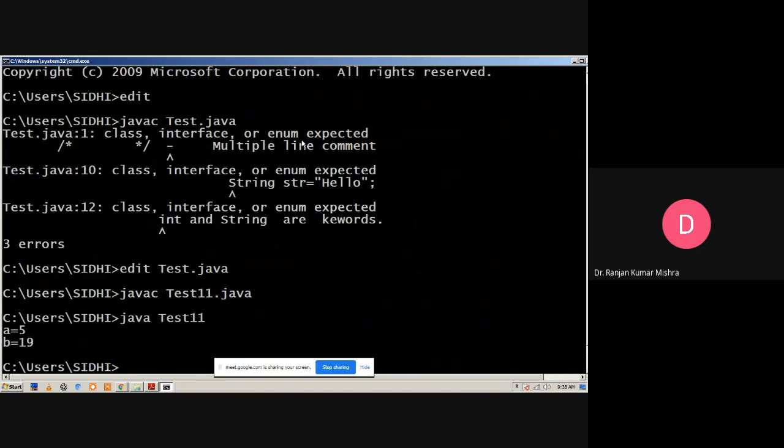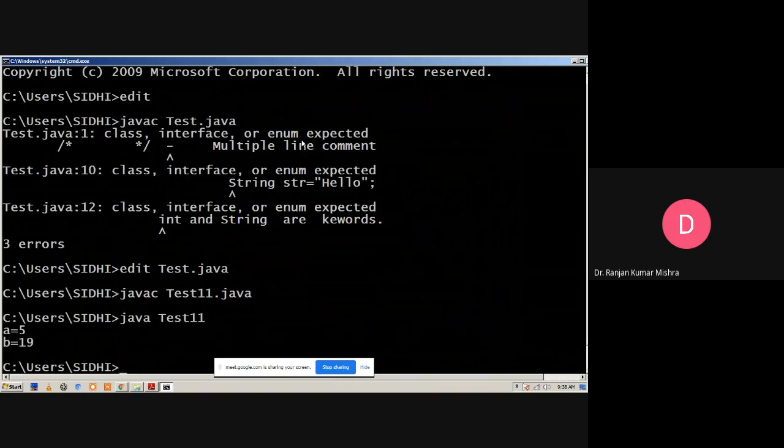So basically here we have int a equal to 05. That means it is an octal value, and 5 into 8 power 0, that means 8 power 0 equal to 1, and 5 into 1 equal to 5. Next is 0x13. Basically 0x represents a hexadecimal representation. In 13, 3 will be multiplied into 16 power 0 plus 1 into 16 power 1.